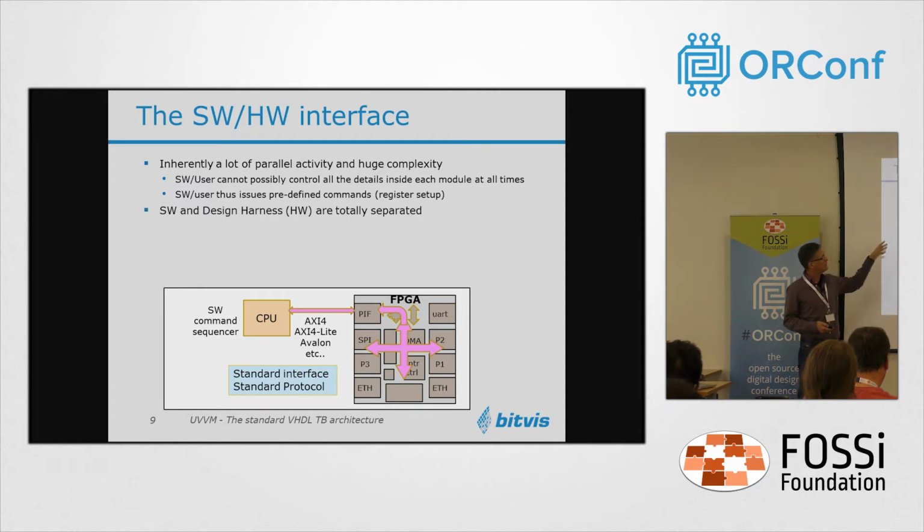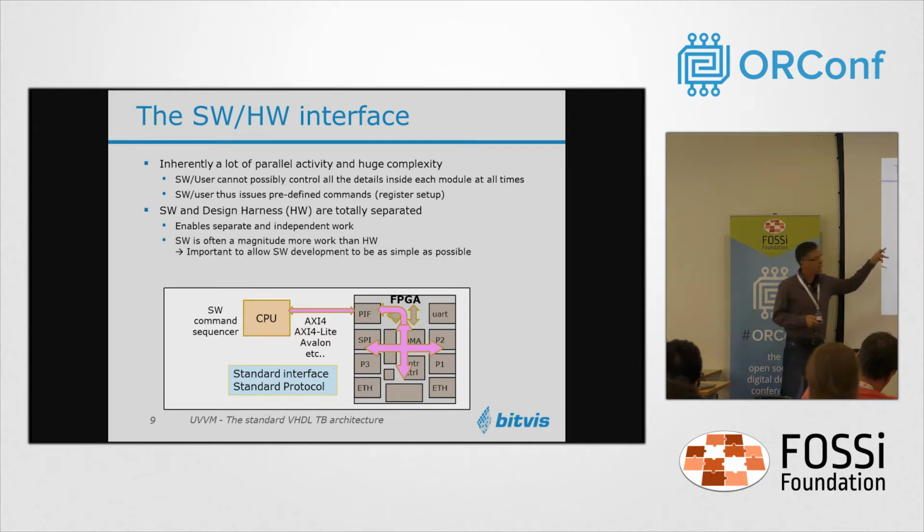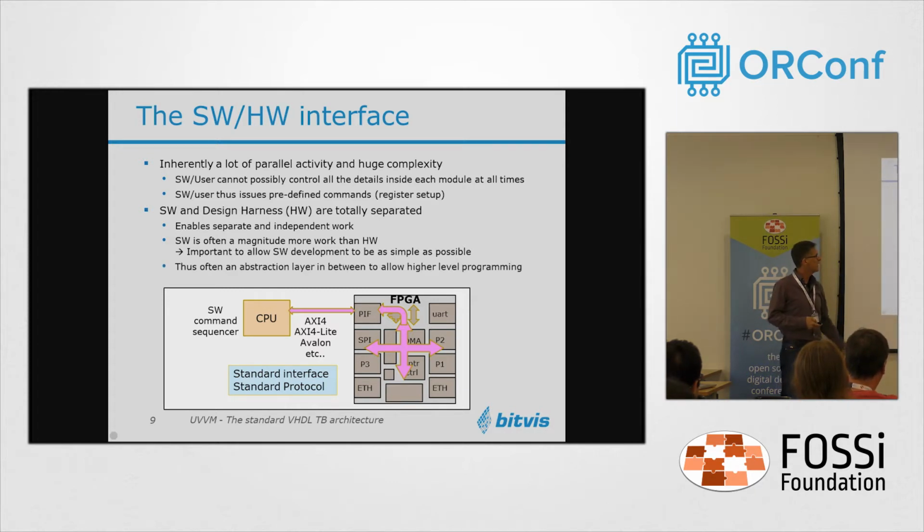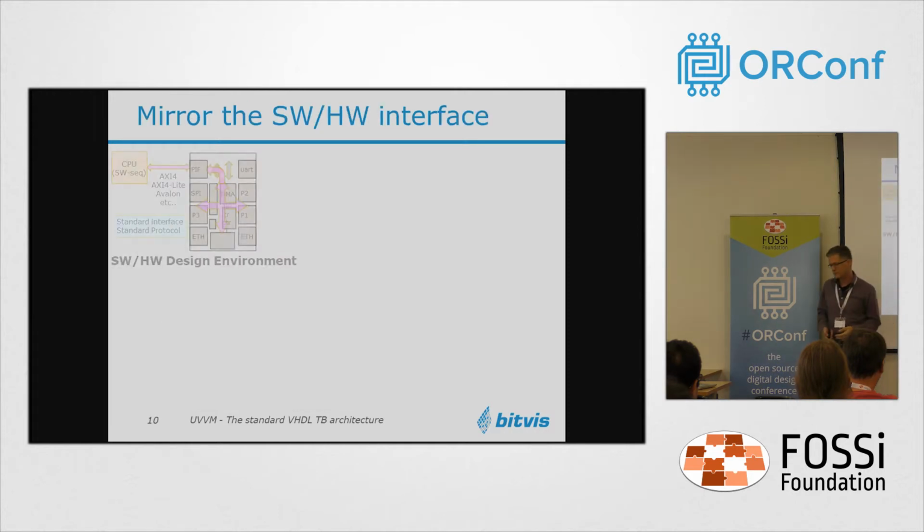And that also means that the software and the design harness are totally separated, which enables separate and independent work on the software side and the hardware side. And often, software is a magnitude more work than the FPGA work. So it's important that we allow the software system to be as simple as possible and be detached from the hardware. And also, in software, you have an abstraction layer between this to allow even higher level programming.